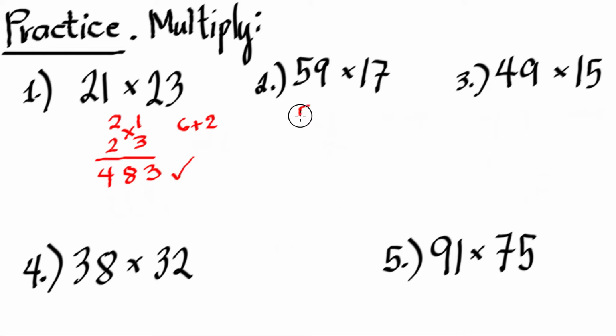Moving on, let's have 59 times 17. Vertically first, 5 times 1 is 5. Crosswise, 5 times 7 is 35, plus 9 times 1, which is 9. So 35 plus 9 is going to give us 44.